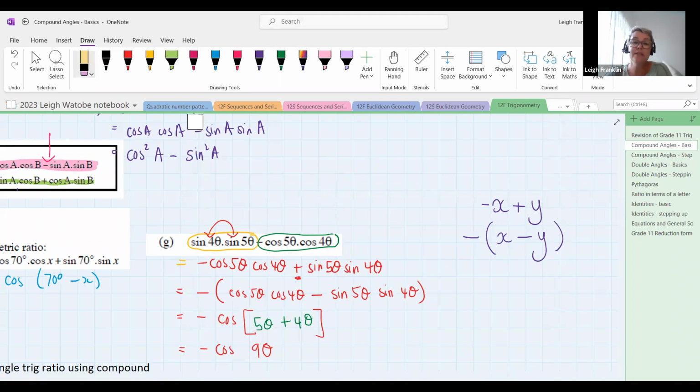The reason I cannot divide through by negative 1 is because this is an expression. It's not an equation. I'm not solving for theta.